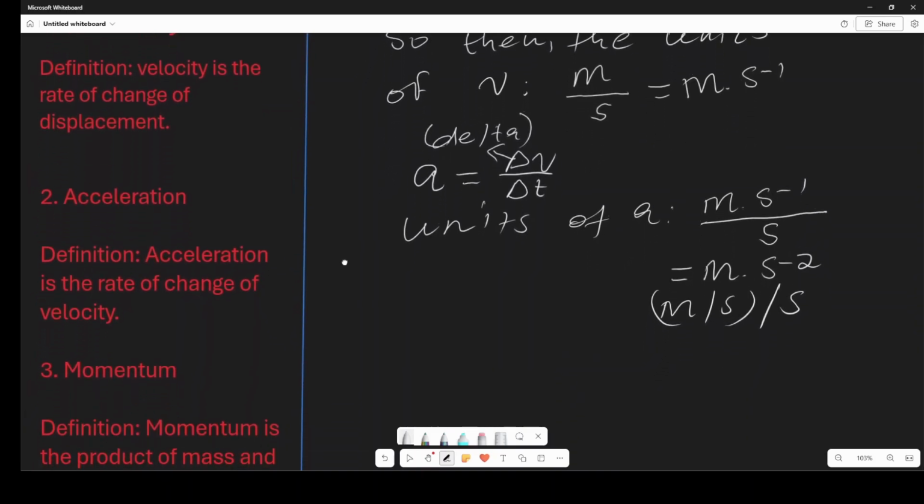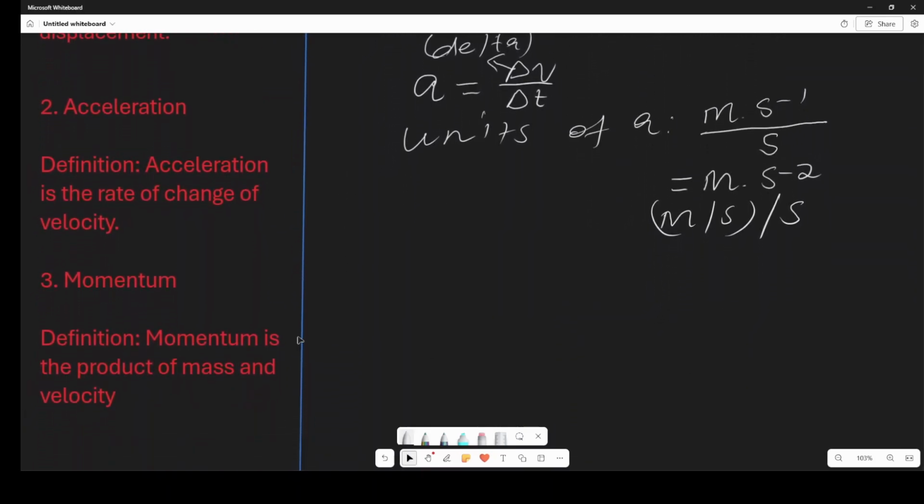Okay, and then let's look at the units for momentum. Again, you use the definition of momentum. The definition for momentum is that momentum is the product of mass and velocity. So let's first write that down. The symbol for momentum is P. P, which is momentum, is a product, so we're just going to multiply mass and velocity.